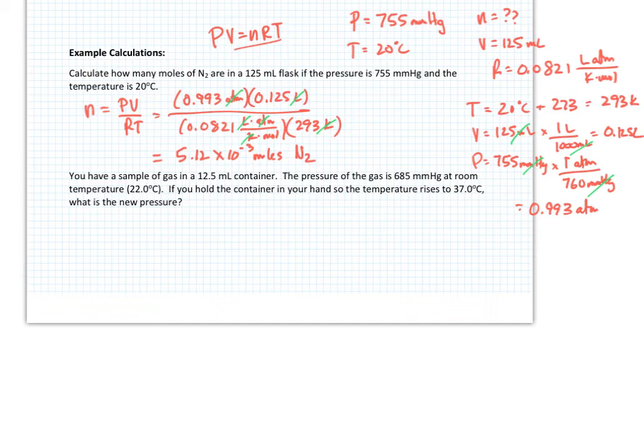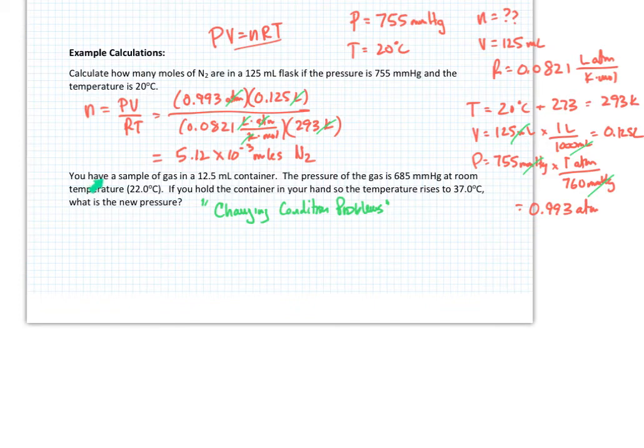All right, the second problem we're going to look at is a classic type problem with ideal gas type reactions, and I call these changing condition problems. I don't think any books call them this, but I like to refer to these as changing condition problems. These are very typical for ideal gas type things.